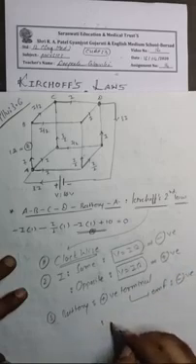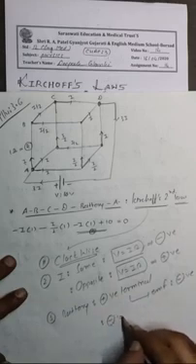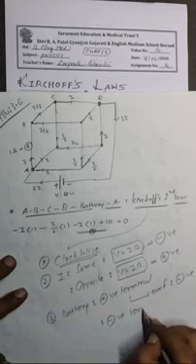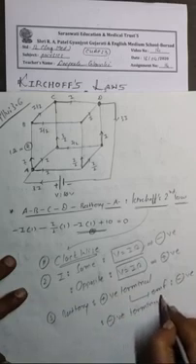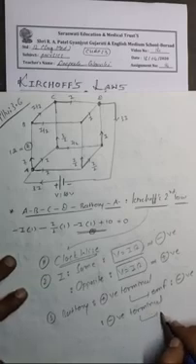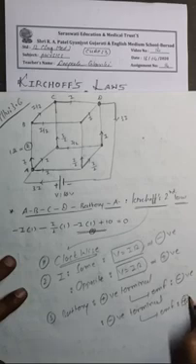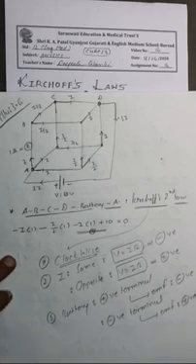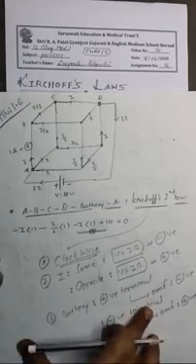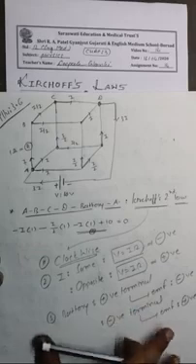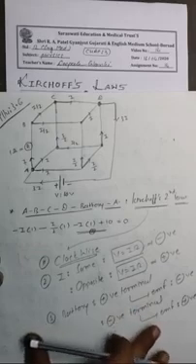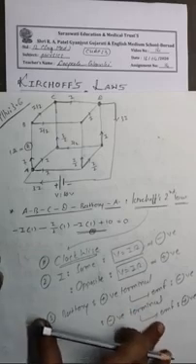And if there is a negative terminal of a battery, then that EMF you have to take positive. Okay, so these are the short form of Kirchhoff's second law. While we are using Kirchhoff's second law, you have to remember this sign convention.